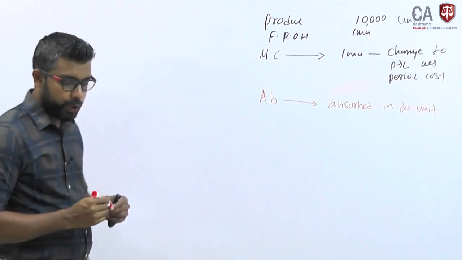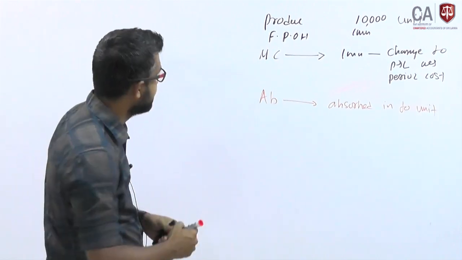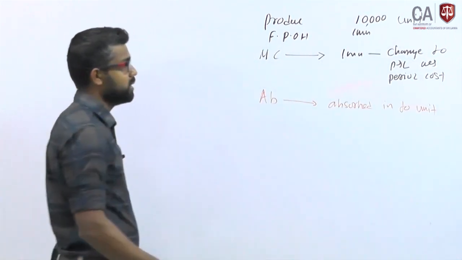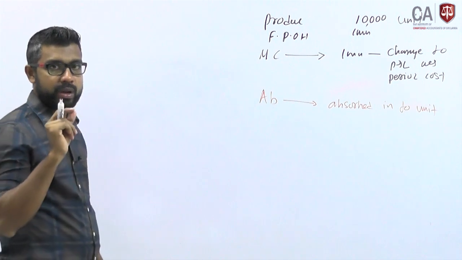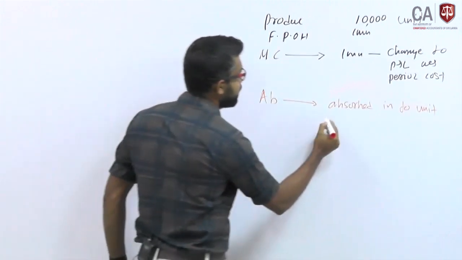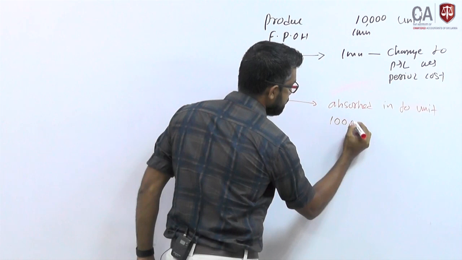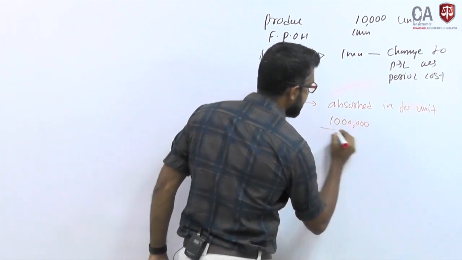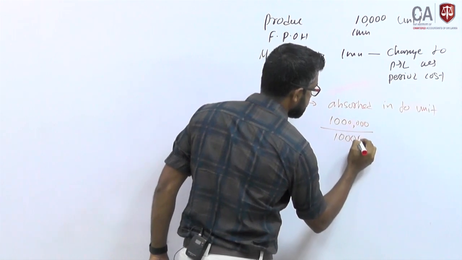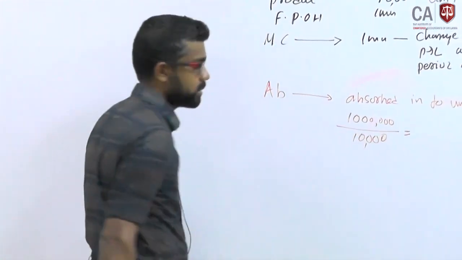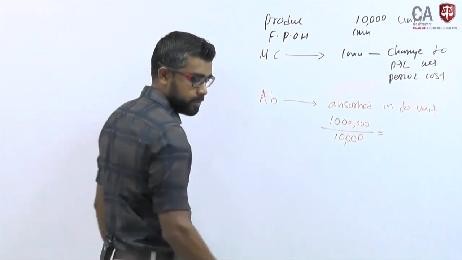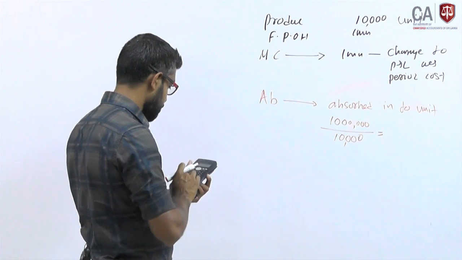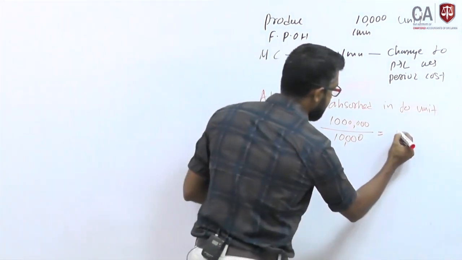Now, when you absorb into unit, this 1 million, the total cost, divided by 10,000, which means 100.